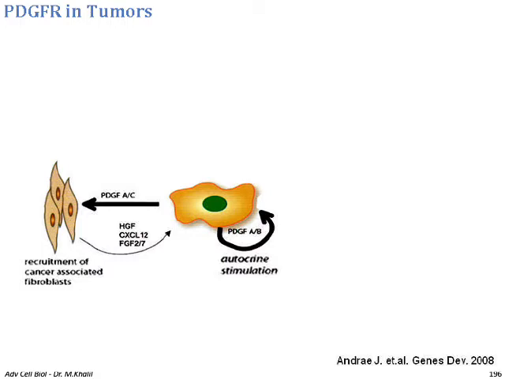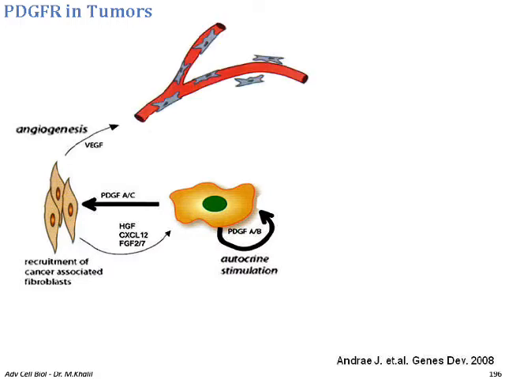which once recruited secrete other factors that induce more activity of the initial cells that secrete PDGF-A and B. This cancer cell, by the secretion of VEGF, will induce angiogenesis for the tumor.